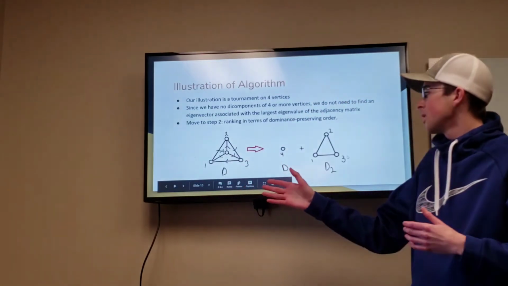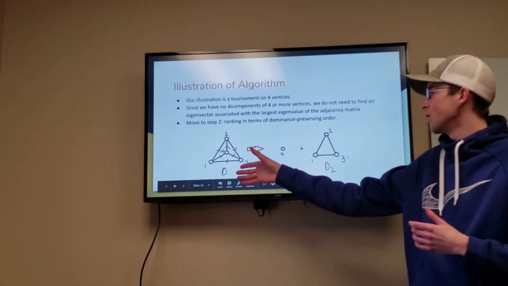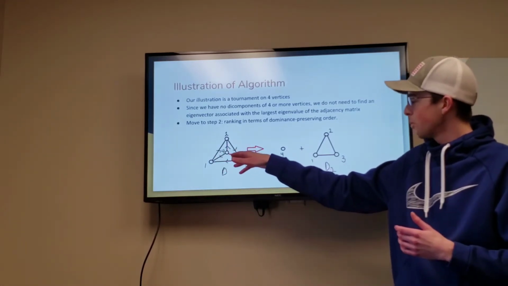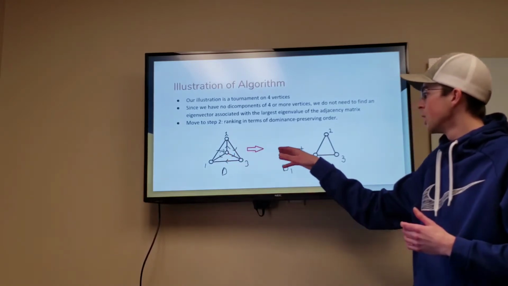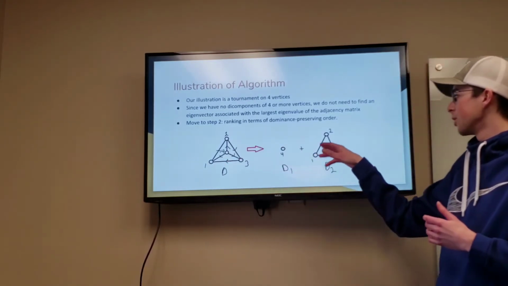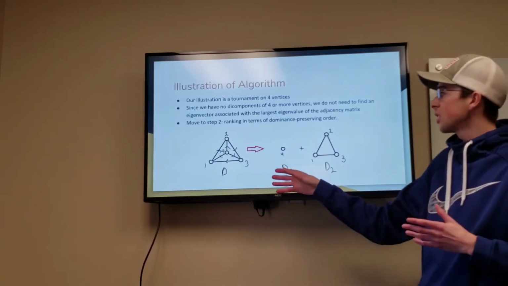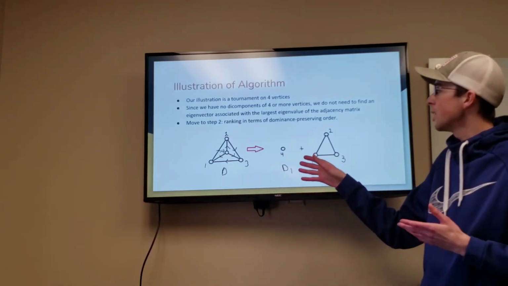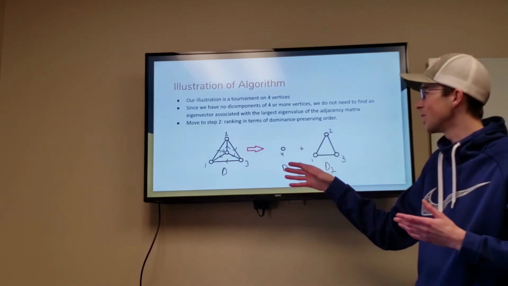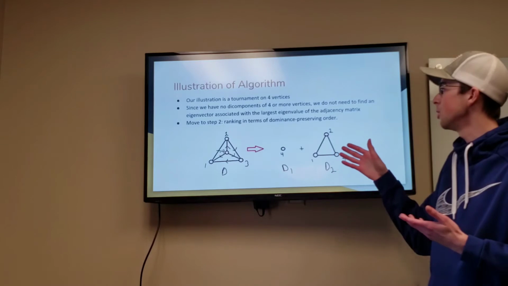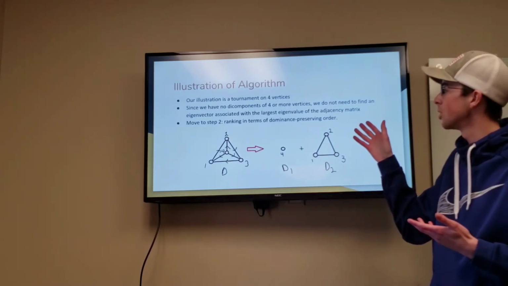We can take our tournament here on 4 vertices, and we have 2 dicomponents, namely the single vertex 4 and the triangle 1, 2, 3. Since there are no dicomponents with 4 vertices, we will not be using step 1, and hence we don't have to use an adjacency matrix to find the largest eigenvalue.